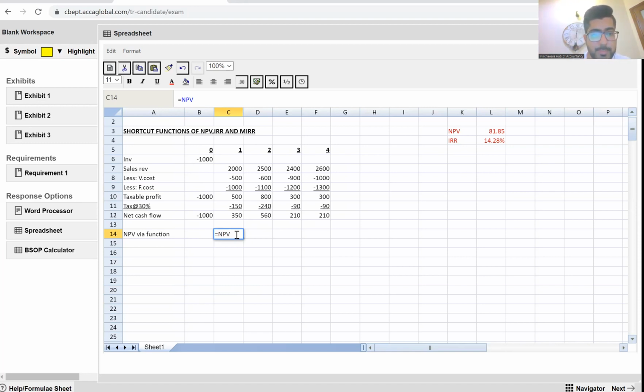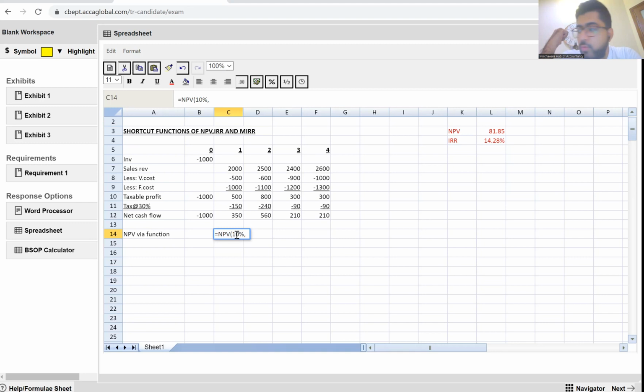Equals to NPV, bracket open, first write cost of capital. So what was the cost of capital or discount rate that was given in the question? Your WACC, 10%, whatever your WACC is, cost of capital, comma.